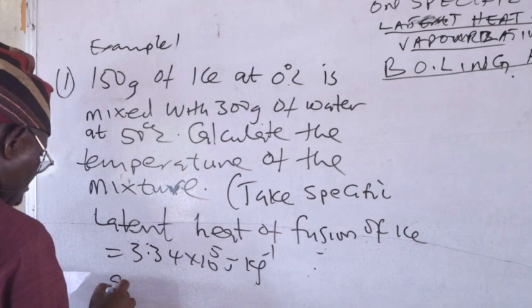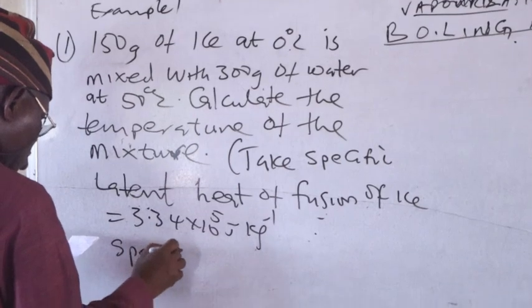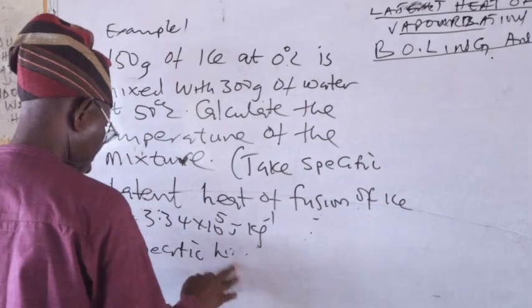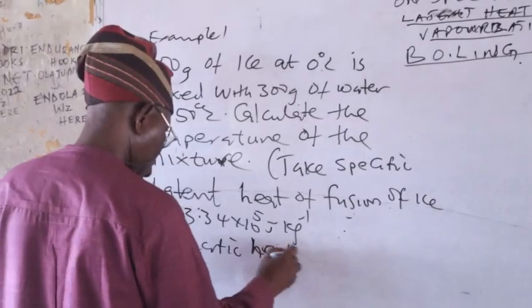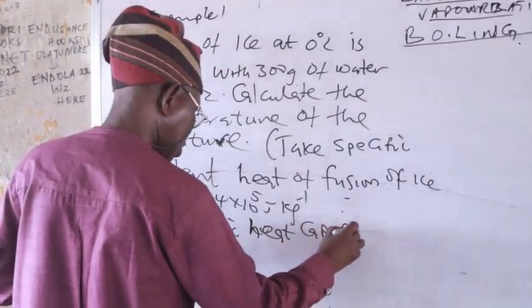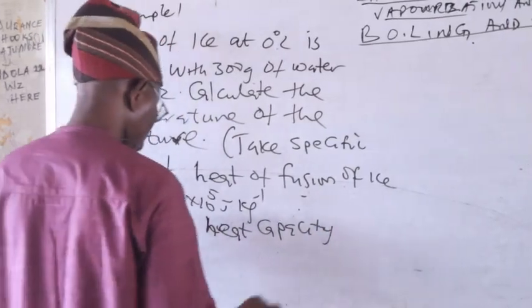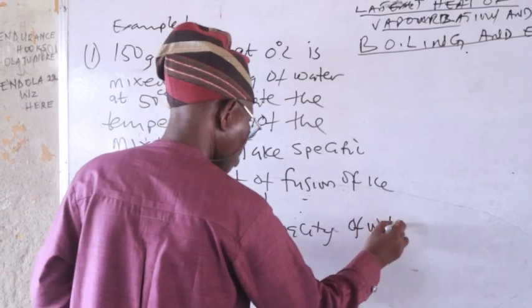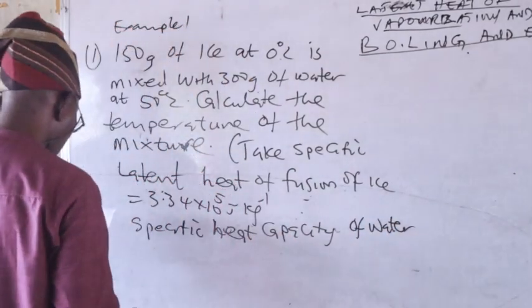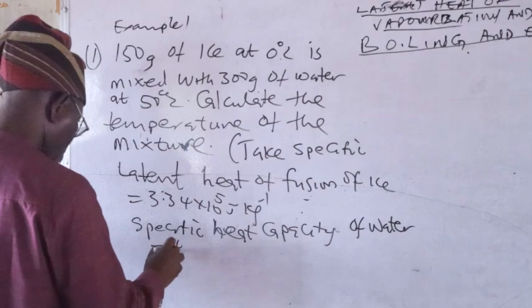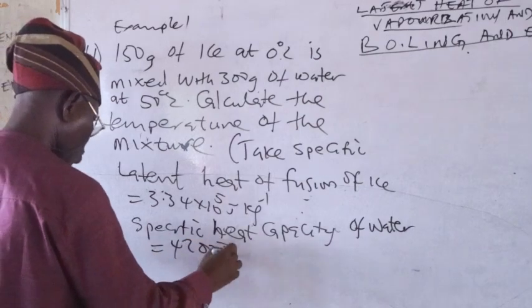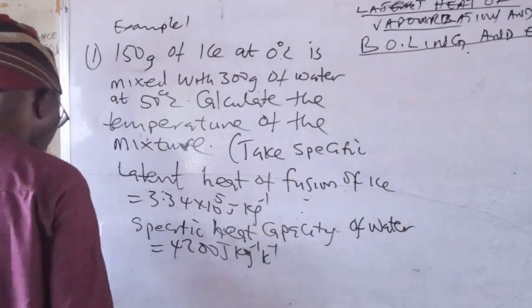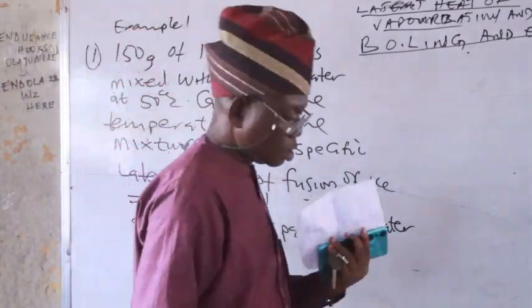Then you are also taking the specific heat capacity of water to be 4,200 joules per kilogram per Kelvin. This is one of the simple questions.